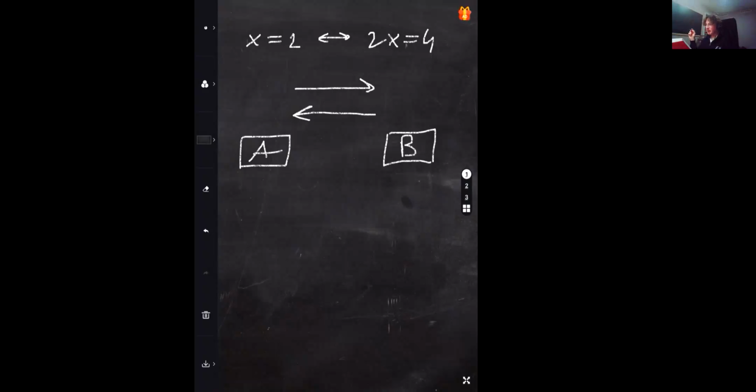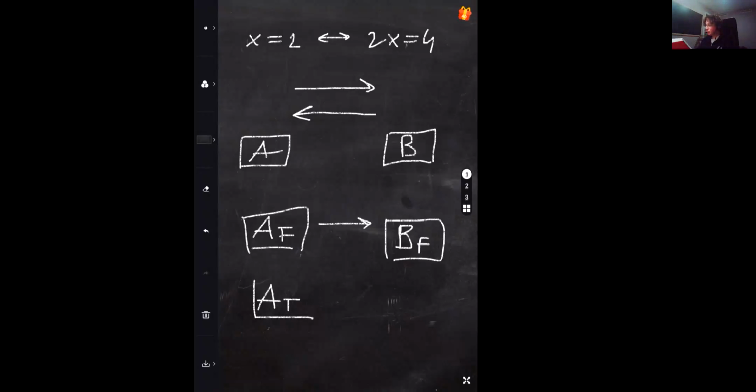And there's also the possibility of working with the following: saying if the statement A is false, then the statement B is false. This is sometimes called the inverse of if A is true, then B is true.